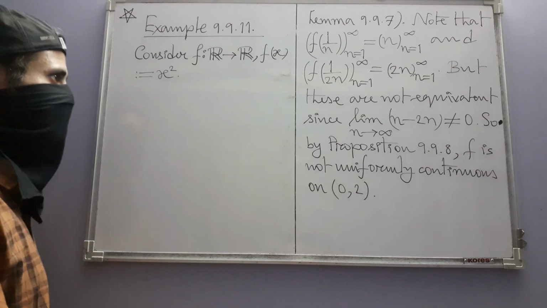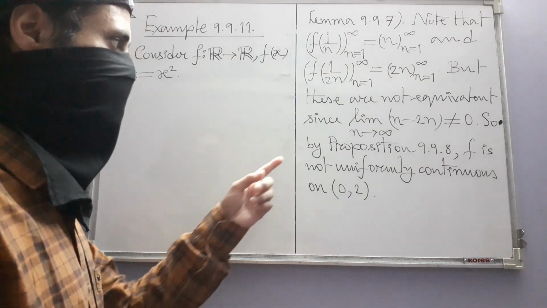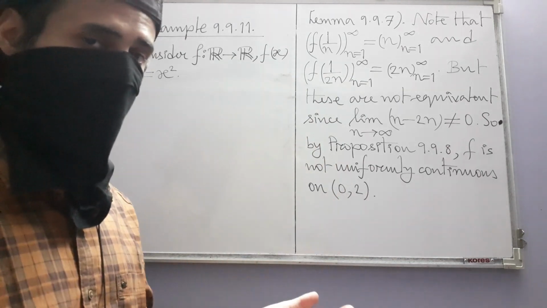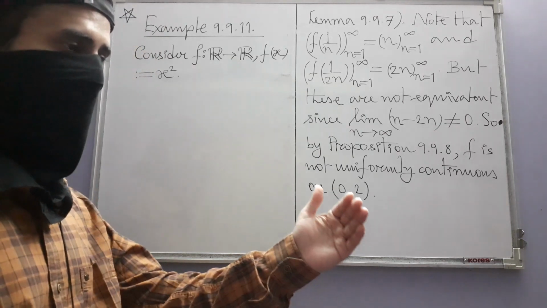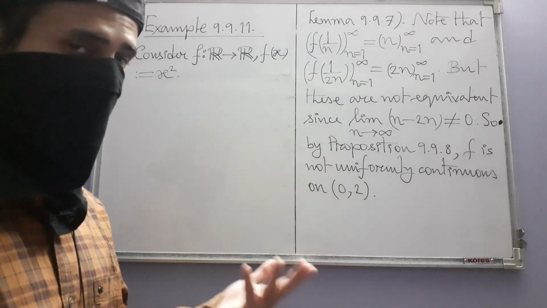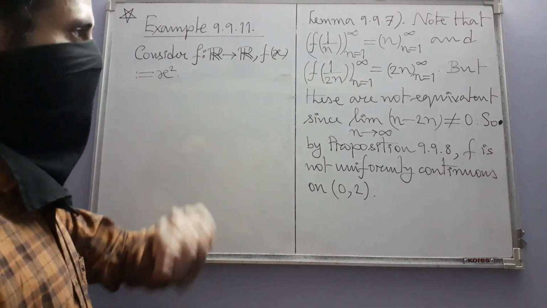It turns out that it is not uniformly continuous, and the situation is somewhat like that example where we considered 1 over x, but in the open interval 0 comma 1. As x approaches 0, the continuity gets worse. Something like that happens here also.